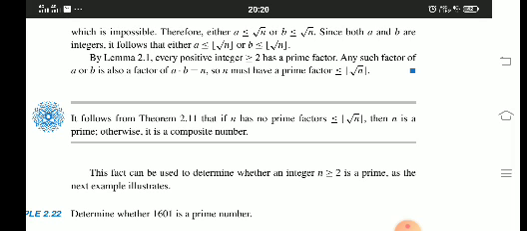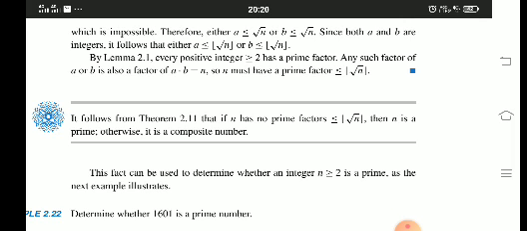Therefore either a is less than or equal to root n or b is less than or equal to root n. Since both a and b are integers, it follows that a is less than or equal to the floor of root n or b is less than or equal to the floor of root n.